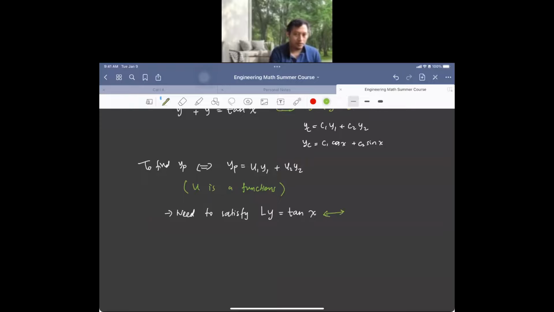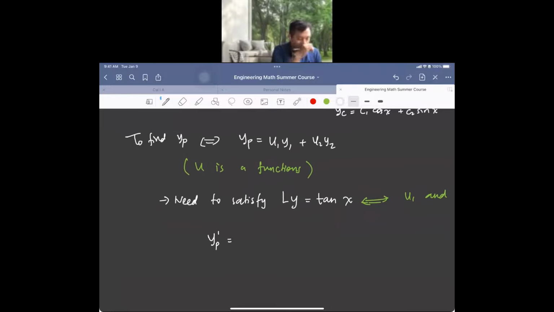We need to satisfy this, and that gives us functions u1 and u2. And then compute y prime. We will have a product rule of two components, u1 y1 and u2 y2.